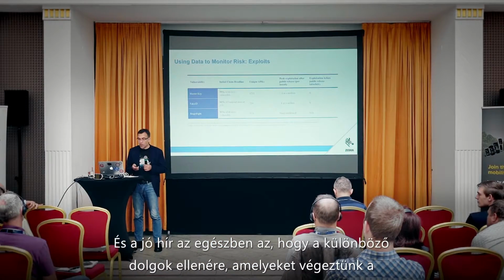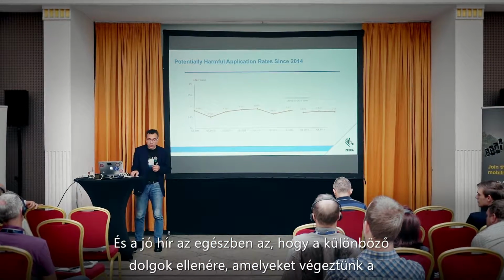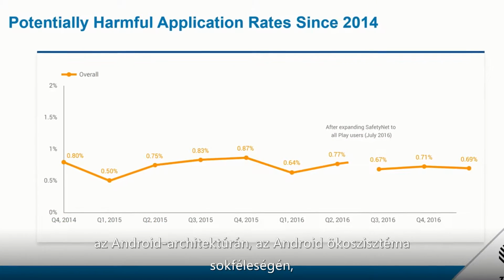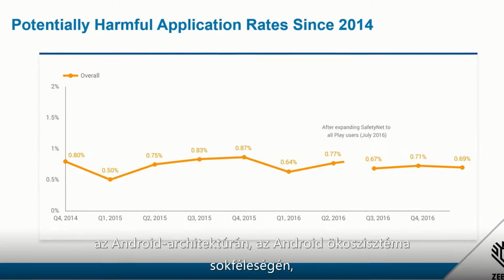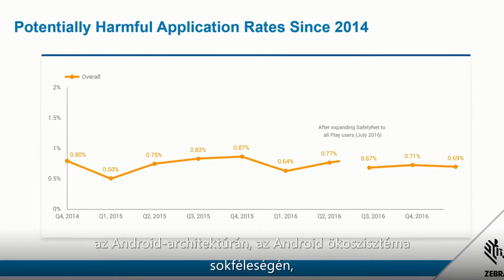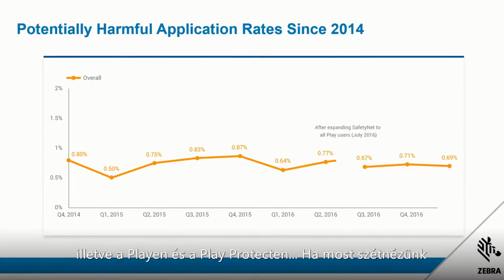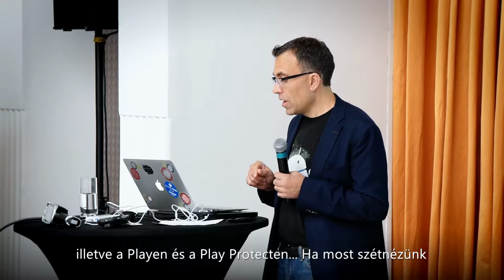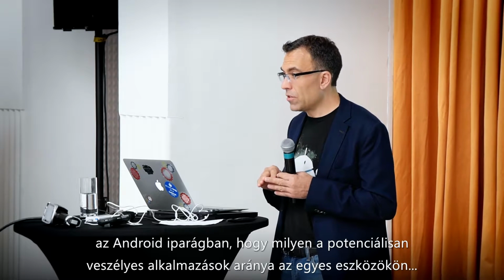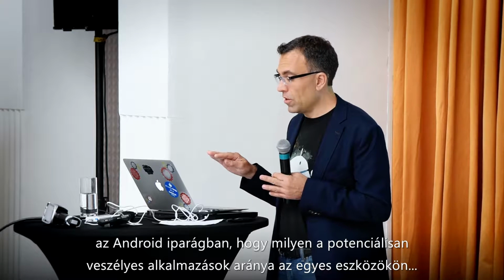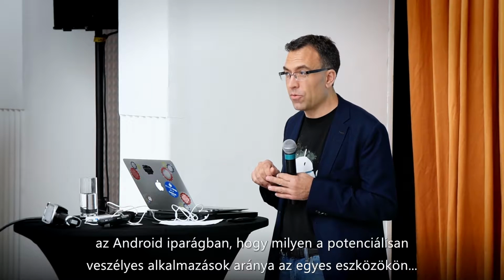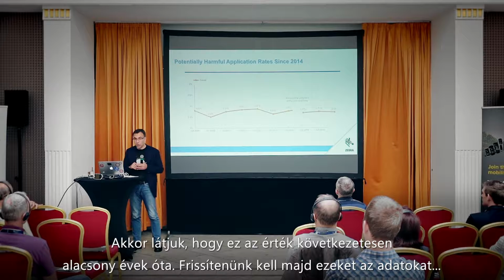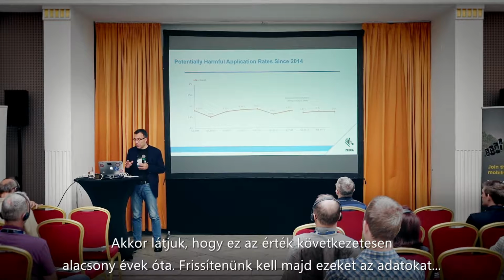And the good news for all of this is that because of all the different things that we've done with the Android architecture, the diversity of that Android ecosystem, the things that we're doing with Play and Play Protect, right now, if you look across all of Android at the potentially harmful application rates that we see on devices, it's been consistently low for many, many years.